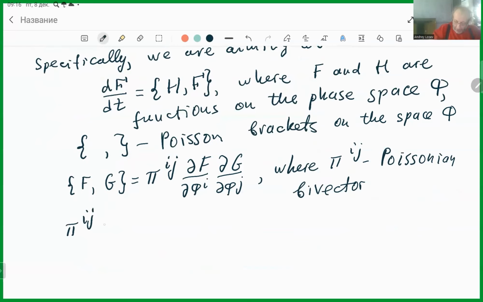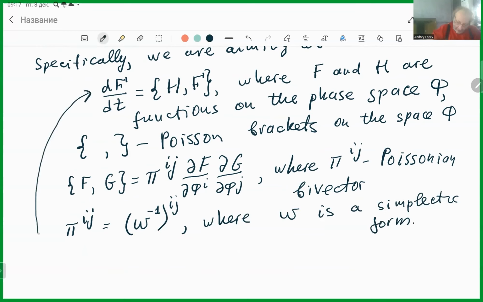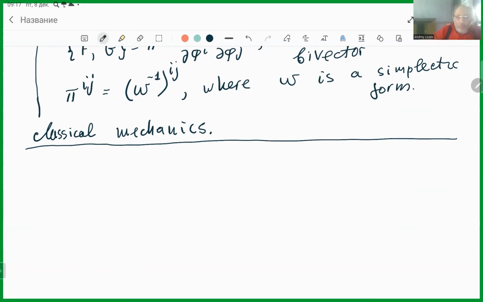Pi ij is omega to the minus 1 ij, where omega is a symplectic form, because this is classical mechanics. So how are we planning to get there?